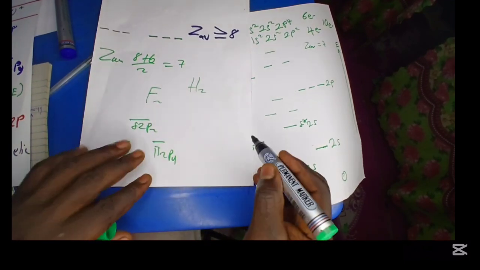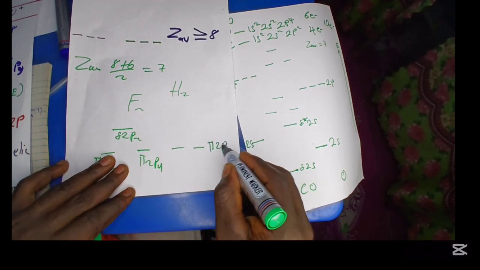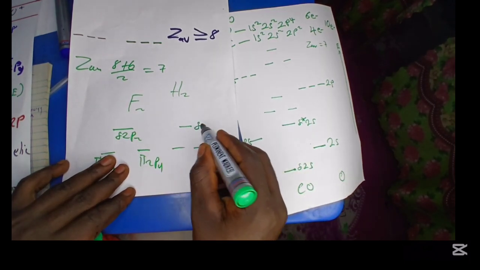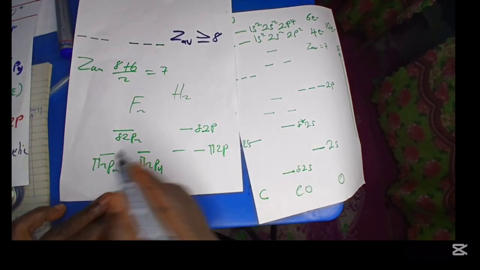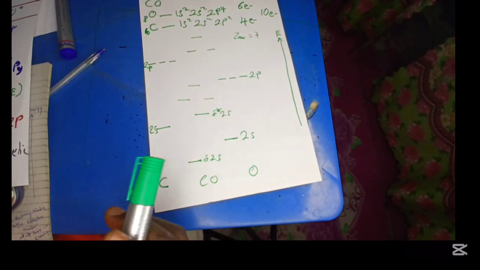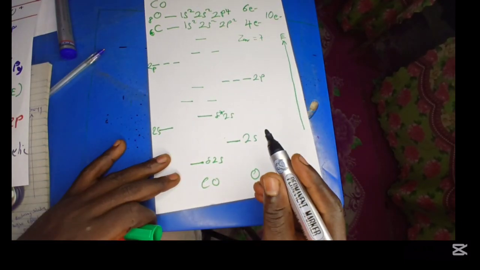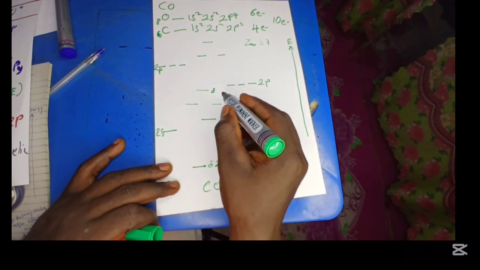Or you can just write pi 2p orbitals and then sigma 2p orbital. I prefer using this in order not to make the diagram very bulky, so I'll use pi 2p orbital and sigma 2p orbital.